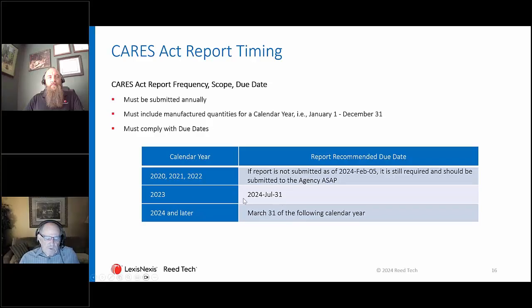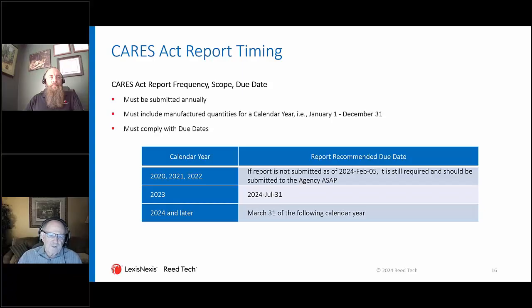The next row is for the production that was for last year, 2023. And there was a due date just now, a few weeks ago, July 31st. That's the first hard due date that has come out with the CARES report. And if you had not submitted then, obviously you want to move ahead and complete that.